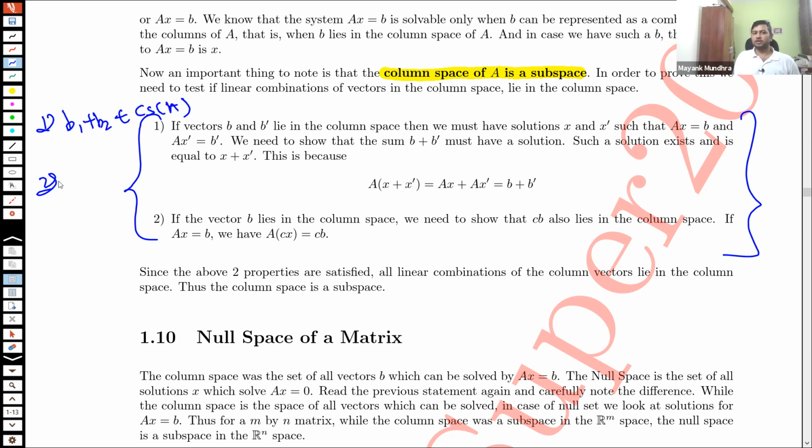And if b lies in the column space, you have to show that lambda times b also belongs in the column space. So the one I did is one large proof. This is a two-step thing in which you do two smaller proofs. If both these things hold, even then it is correct that the given thing is a subspace.